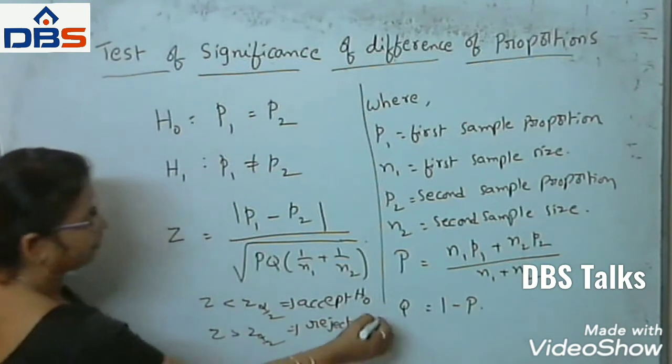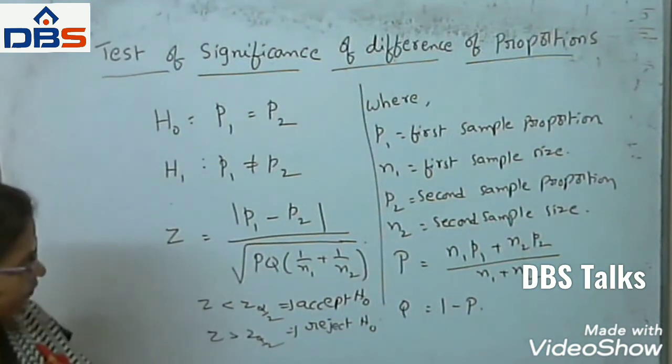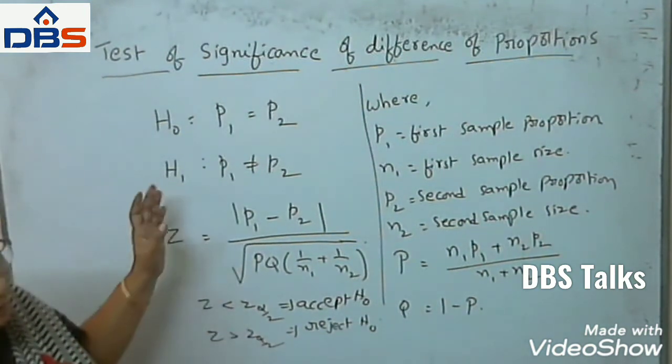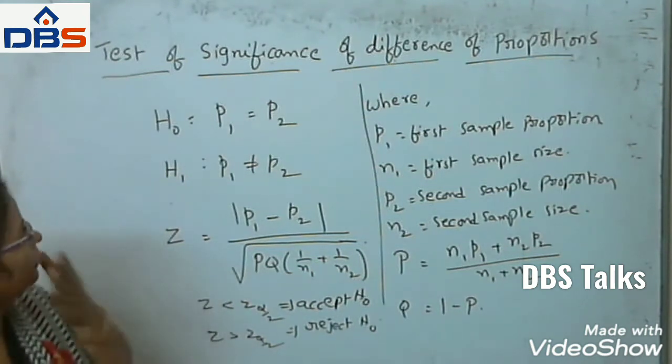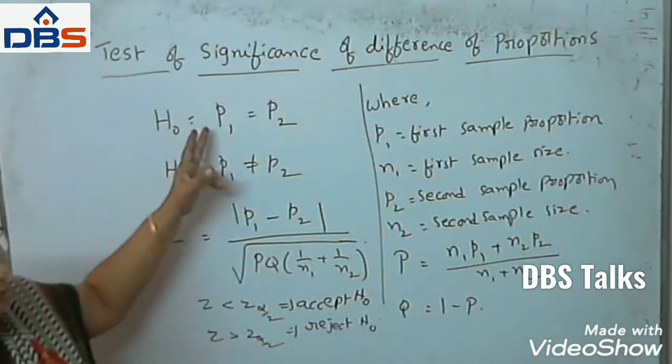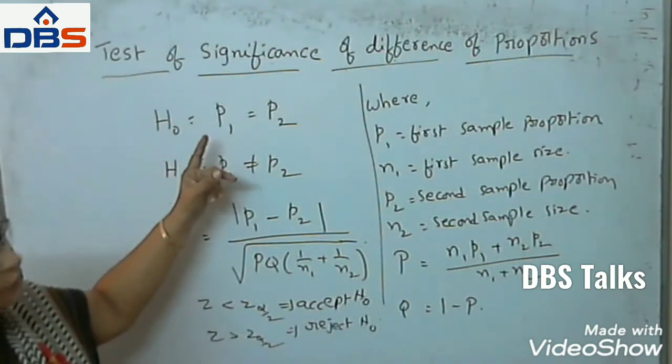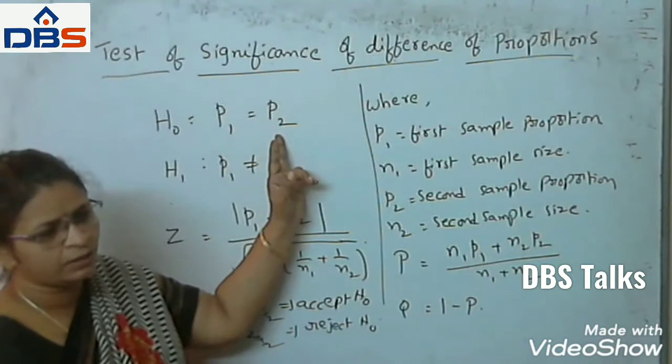So this is the method of testing the two sample proportions, that is, whether the two sample proportions are equal or not.